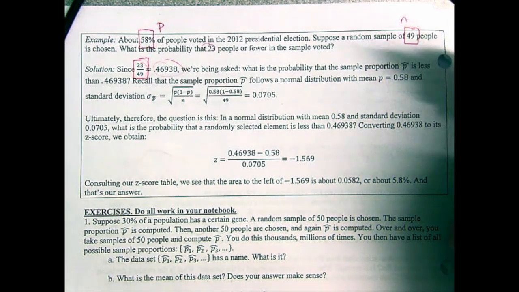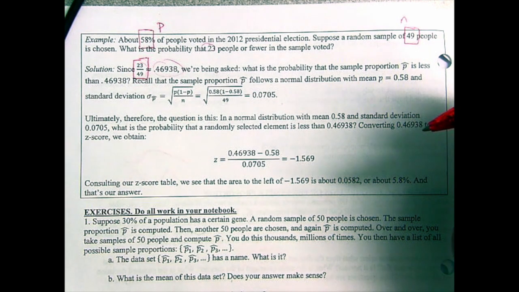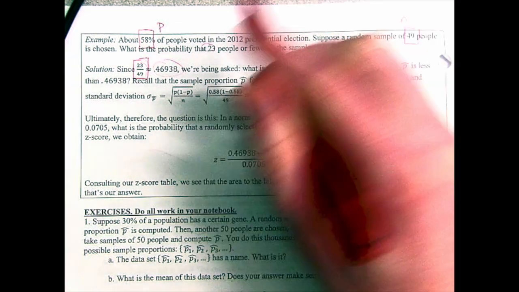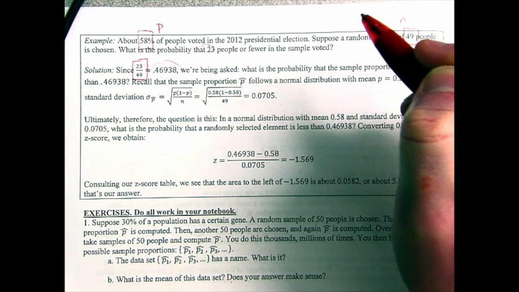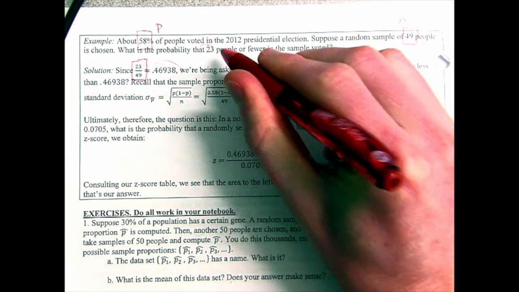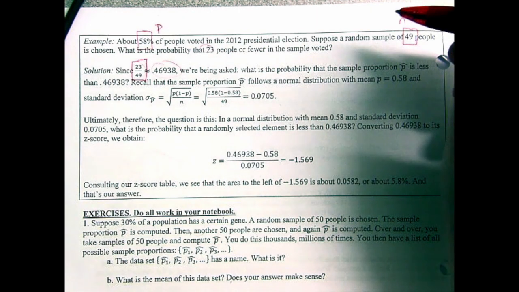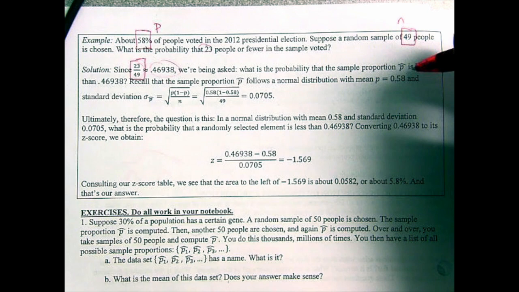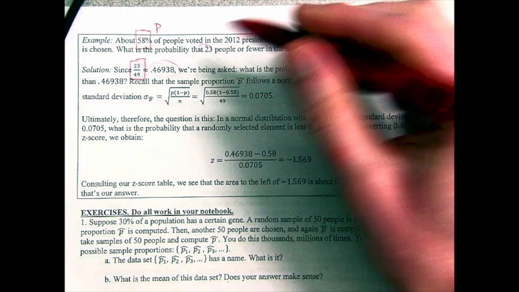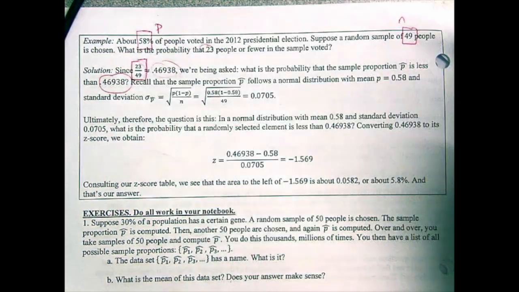Okay, now let's think carefully about this. We're being asked, what's the probability that 23 people or fewer in the sample voted? That is like asking, what is the probability that the sample proportion, p hat, is less than or equal to this number right here, right?